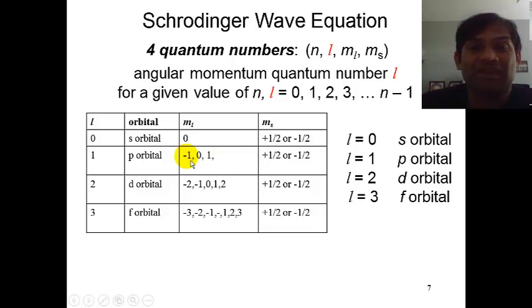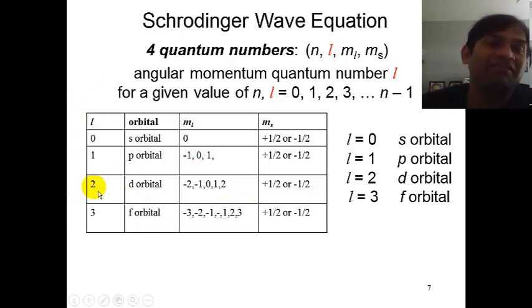An electron can be plus 1/2 or minus 1/2 in position -1. It could be plus 1/2 or minus 1/2 in position m sub L of 0, or it could be plus 1/2 and minus 1/2 in position m sub L of 1. So there's a total of 6 electrons that the p orbital holds.